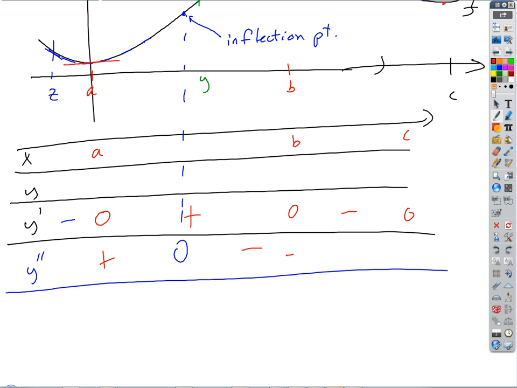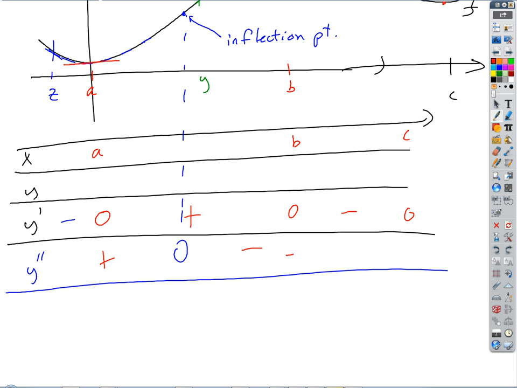What's really cool is that all the work you do in the second derivative row exactly mirrors everything you did in the first derivative row. So let's think about the relationship between concavity and inflection points in the second derivative as compared to relative extrema and the first derivative. First derivative is just increasing, decreasing, it's slope, right?